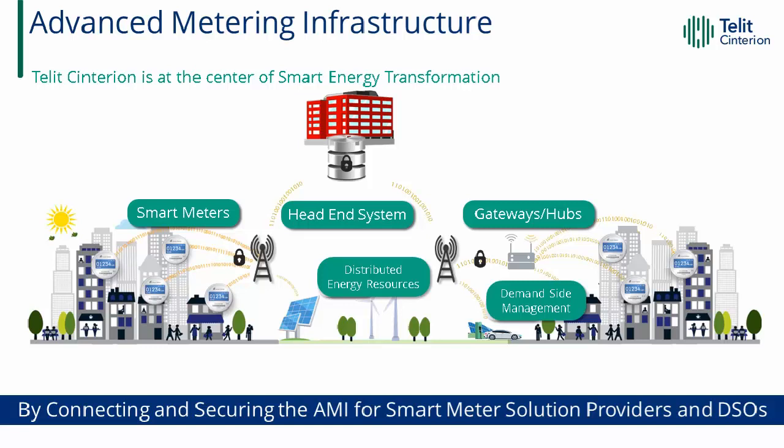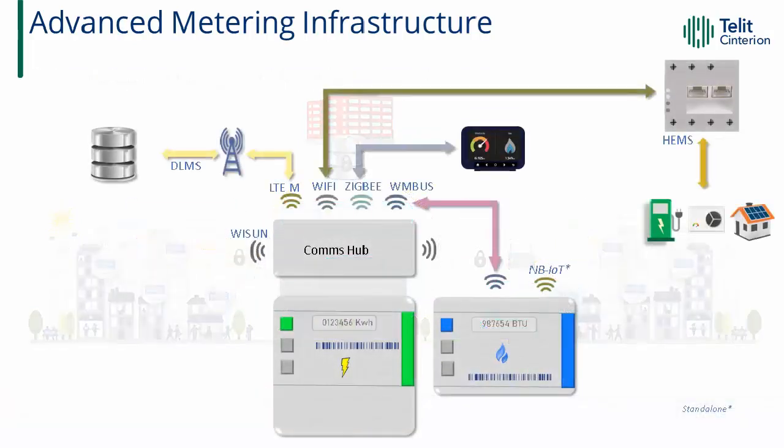But without reliable, efficient, and secure communication, the smart meter is simply not smart. Wireless communication technology has become hugely important and a significant challenge for smart meter manufacturers and deployments.